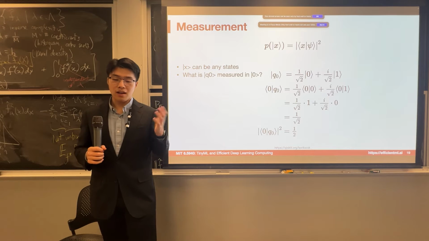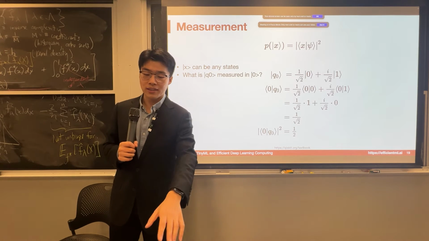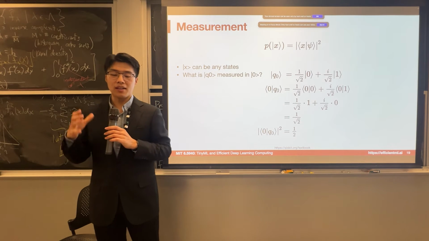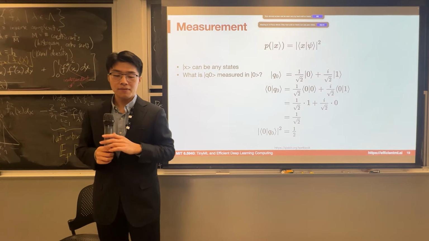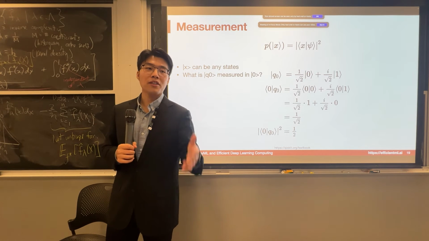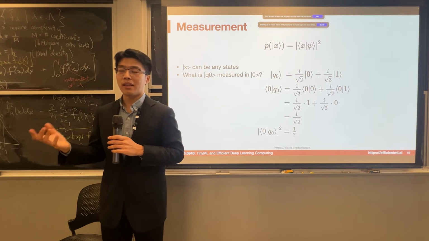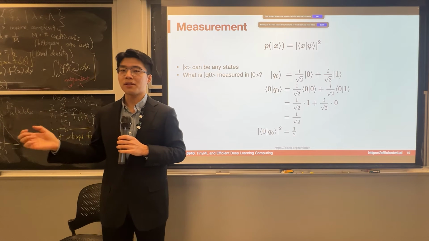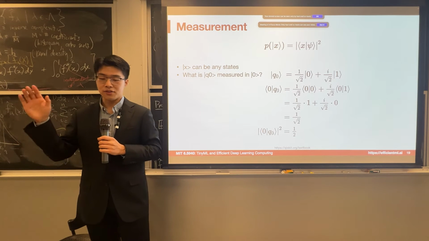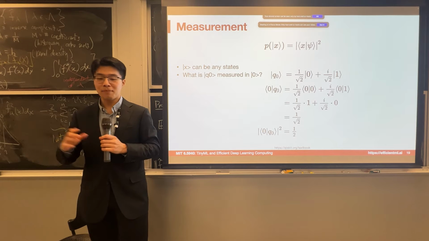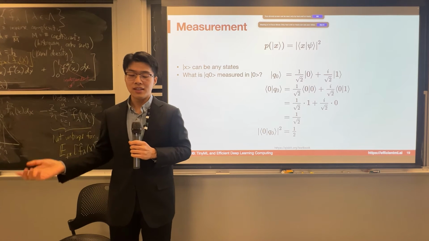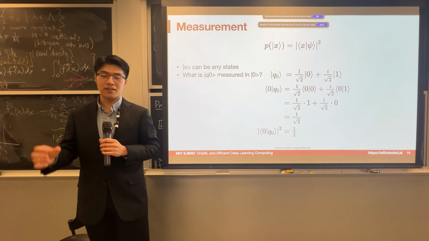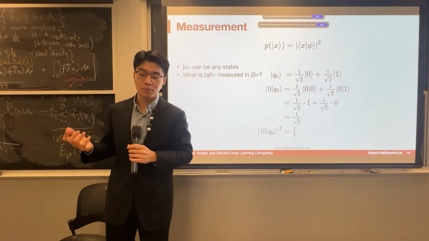So here it comes to a little bit of math. Basically, x can be any of the states, right? If we measure this qubit, what is the probability that we get a 0, and what is the probability to get a 1? That's similar to stopping the coin, and asking what is the frequency we get a tail up or a head up.